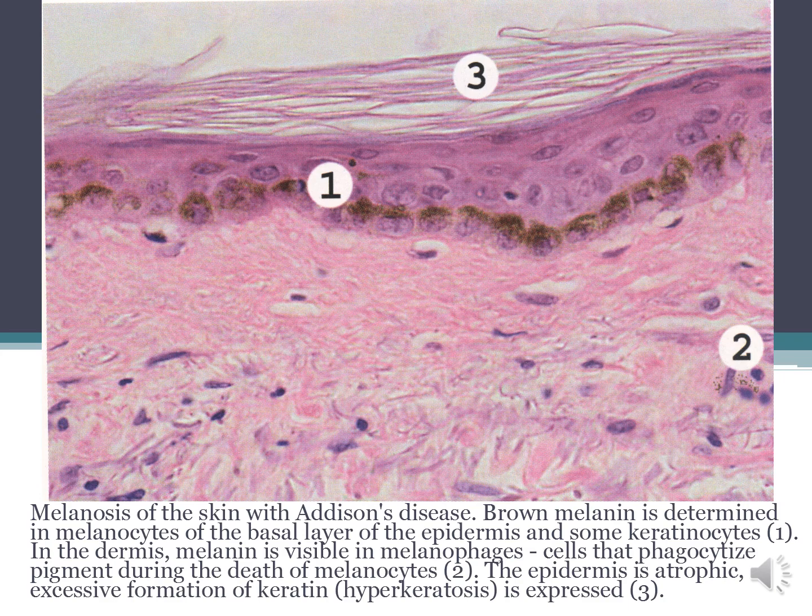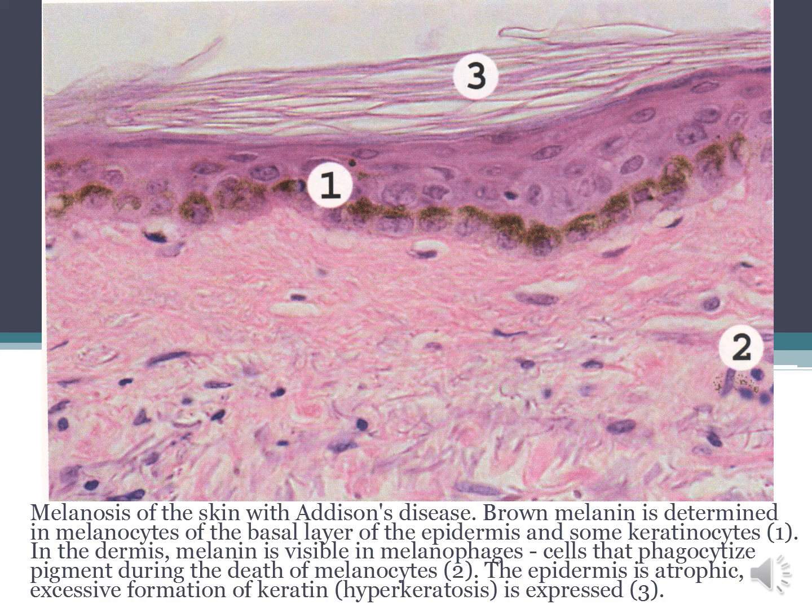We see the brown melanin, which is determined in melanocytes of the basal layer of the epidermis, and also some keratinocytes with this pigment in their cytoplasm.